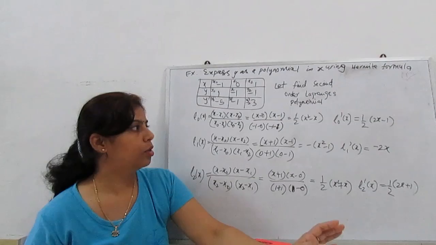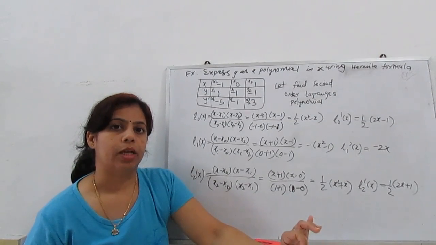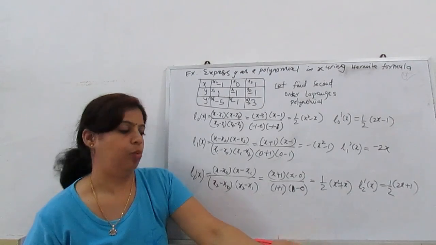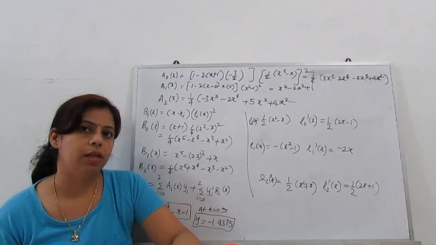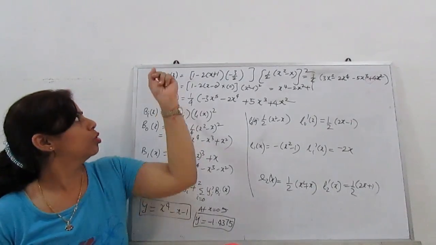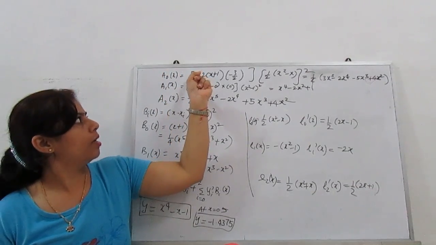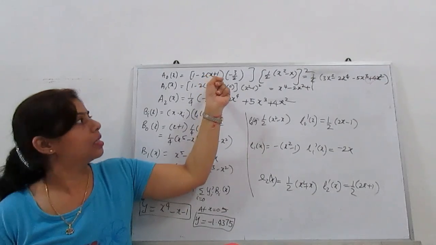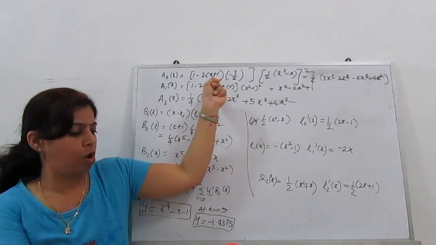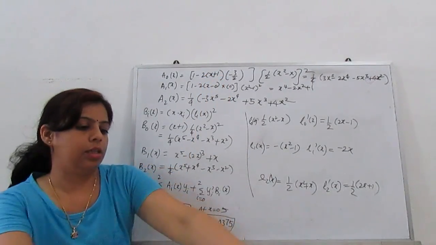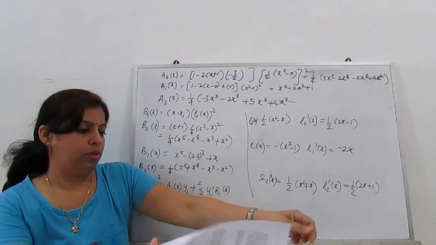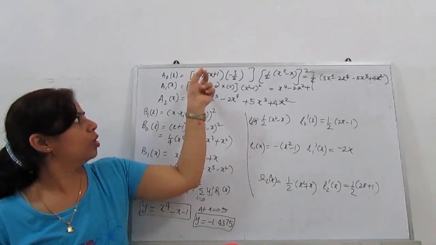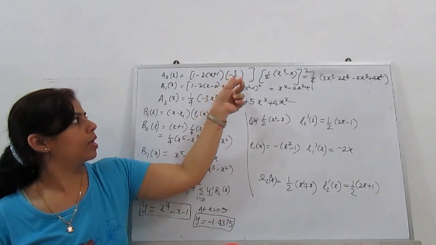So let's proceed to find a0, then a1, then a2. Calculate a0, a1, a2, b0, b1, b2. So a0, what is the formula? 1 minus 2 times x minus x0. What is x0? You can see in the table, x0 is minus 1. So it's minus minus, plus 1.